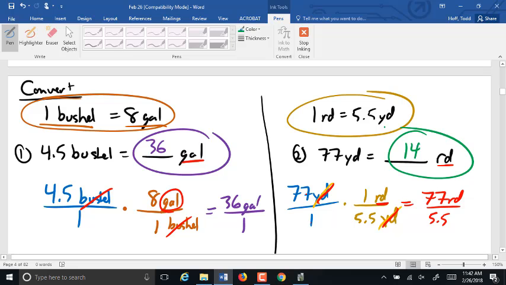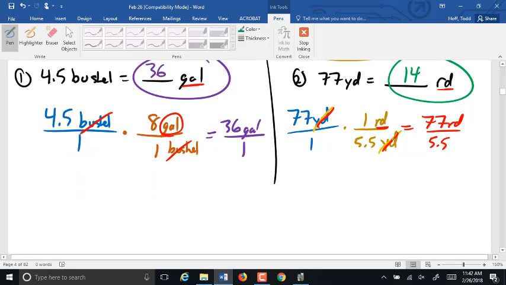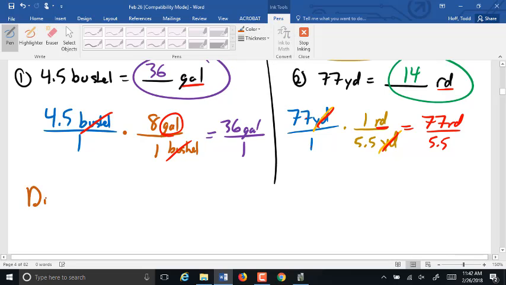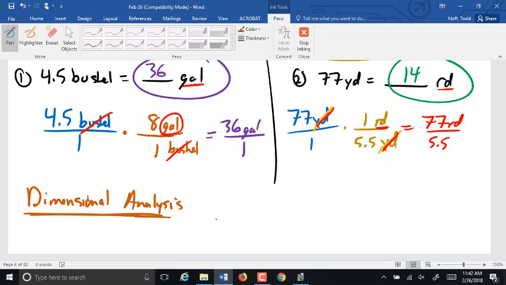Now, what we did there is an example of dimensional analysis. And dimensional analysis is an extremely powerful tool in math and especially in the sciences, because it allows us to do calculations even when we don't necessarily know what the formula is.